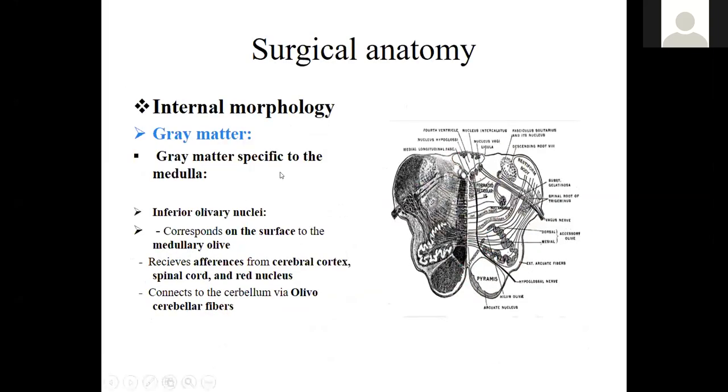Further talking about the gray matter specific to the medulla, we have the inferior olivary nucleus or olivary nuclei when talking about both sides. So as we said, on the surface it is represented by the medullary olive here, and it receives afferences from the cerebral cortex, the spinal cord, and the red nucleus. It connects to the cerebellum via the olivocerebellar fibers.